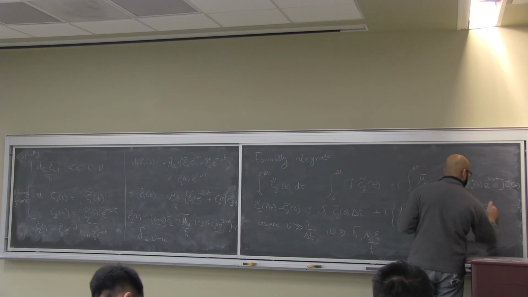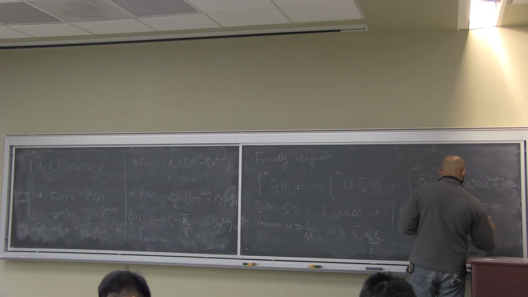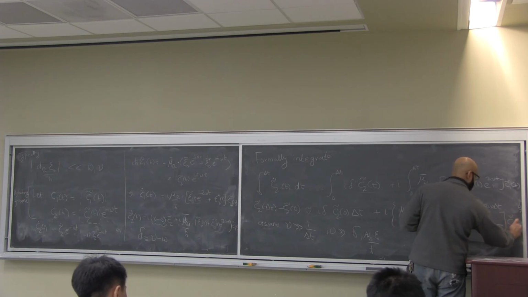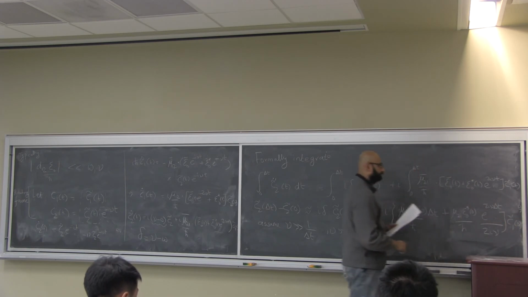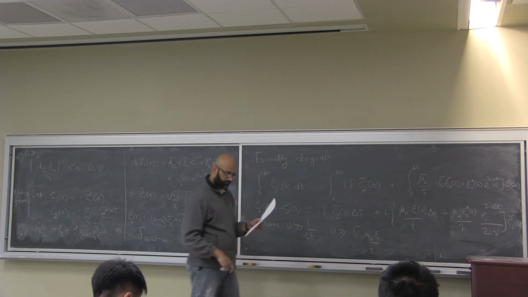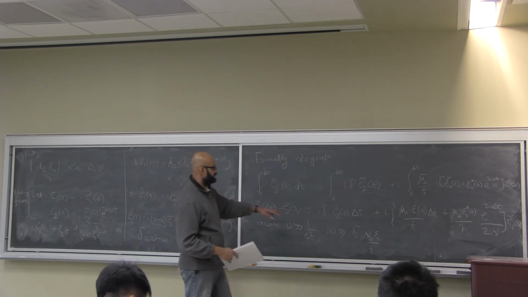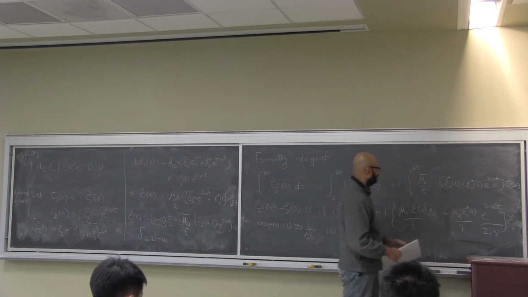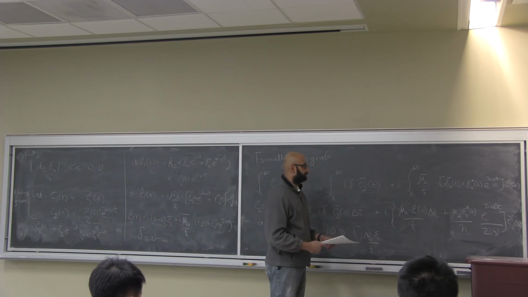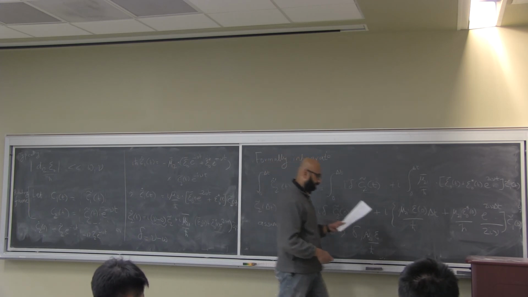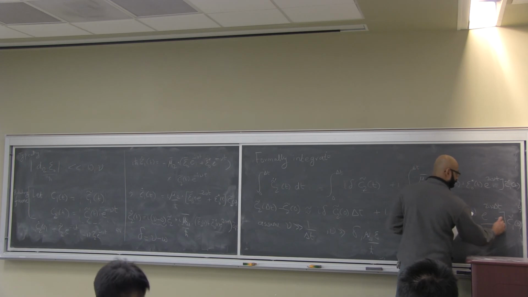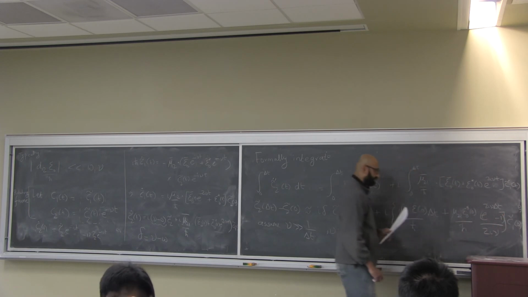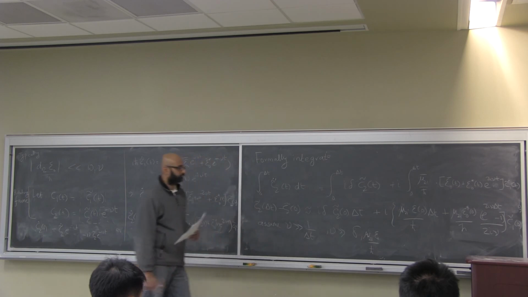So I get e to the 2i nu delta t over 2i nu, and then I've also set C1 tilde equal to 0 at time t equal to 0. So basically what I'm saying is everything remains roughly constant, but I have to worry about the variation of this guy from time 0 up to time delta t. And there may be a factor of -1 here as well, because I'm integrating only that term. Is that clear?